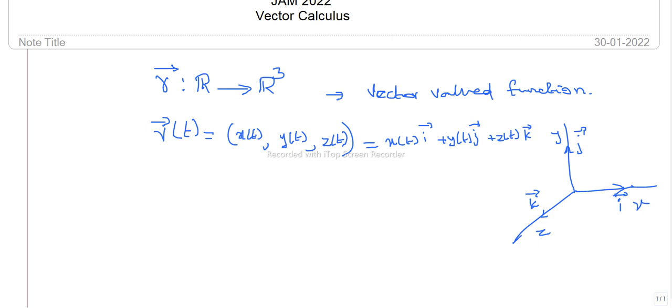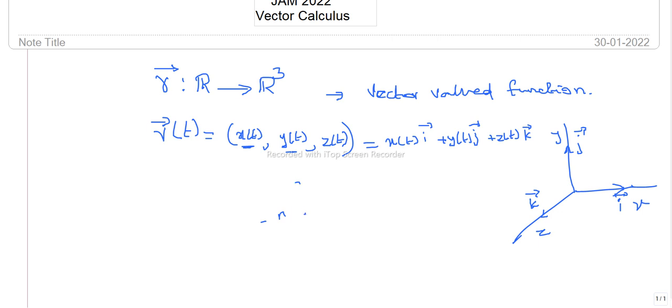Each x of t is a real number, and we can look at x as a function from R to R. Similarly y and z are functions from R to R. So this is a vector valued function.